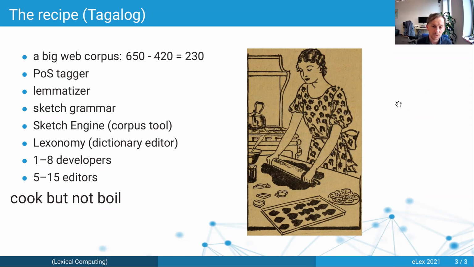So at the end of the day, we were left with some 230 million words for Tagalog, about the same size for the other two languages, Urdu and Lao.